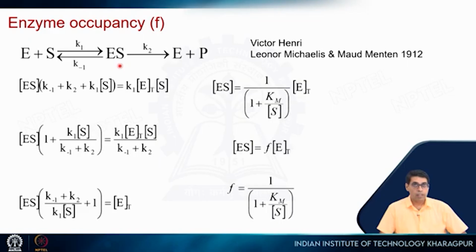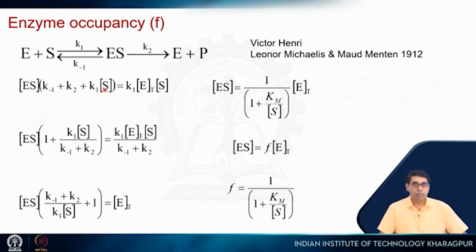So steady state condition again means that ES remains constant, and we saw that the rate of product formation will be equal to K2 times the concentration of ES. So we have to solve for ES, the concentration of the enzyme substrate complex. So this is what we get when we set dES/dt equal to 0.